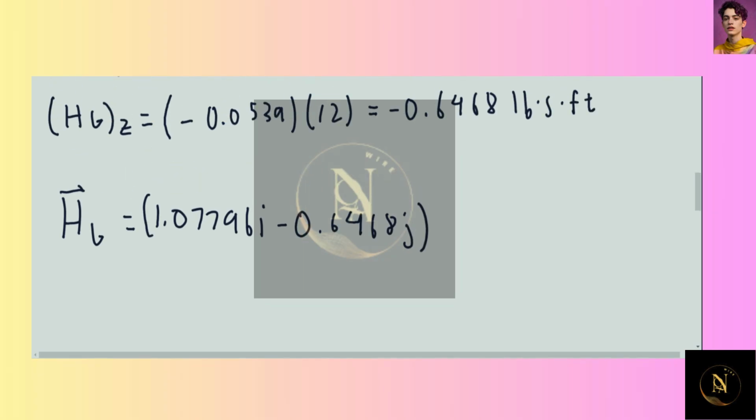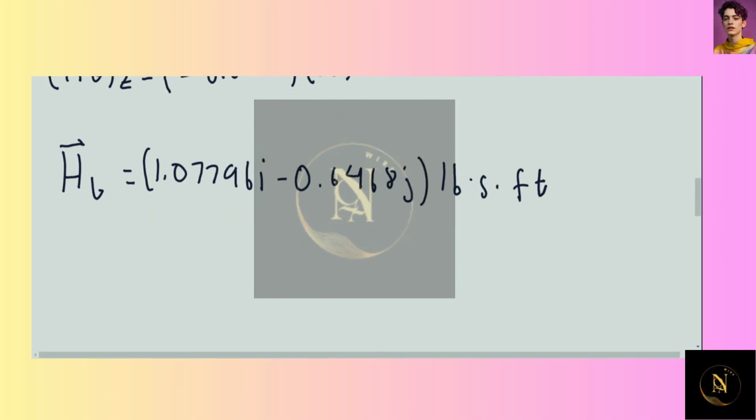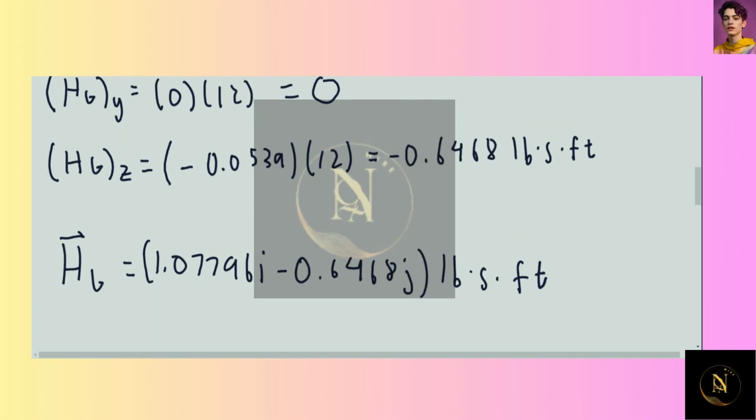So h of g is 1.07796 i minus 0.6468 k. This should be the k component, right, since we have no y component, and this is the z component.